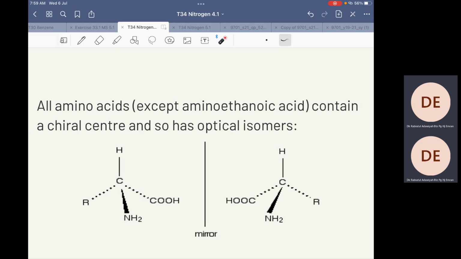When drawing mirror images, you should draw your bonds in 3D. Draw one of the dotted bonds as a solid line, because that's how we learned it. In a tetrahedral structure, we usually have two solid lines, one wedge bond and one dotted line, where the wedge bond is coming out of the paper, or in front, and the dotted bond is to the back.